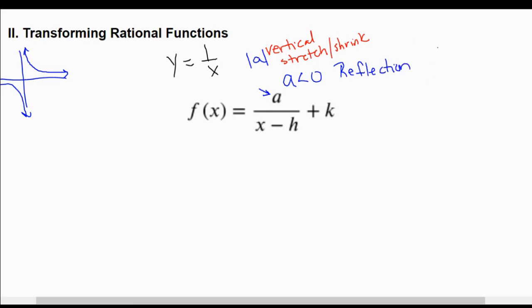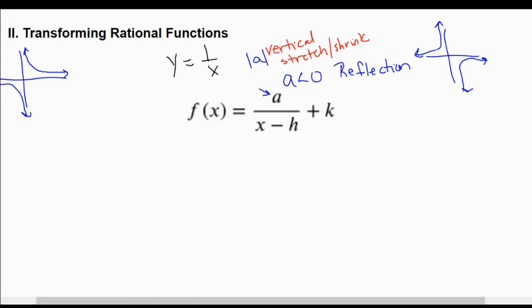Okay, and the reflection that I'm talking about is my branches will no longer be located in the first and third quadrants. My branches are now going to be located in the second and fourth quadrant. So this is the reflection that occurs if my a value is less than 0. All right, that is the job of a. Let's move on to the other variables.